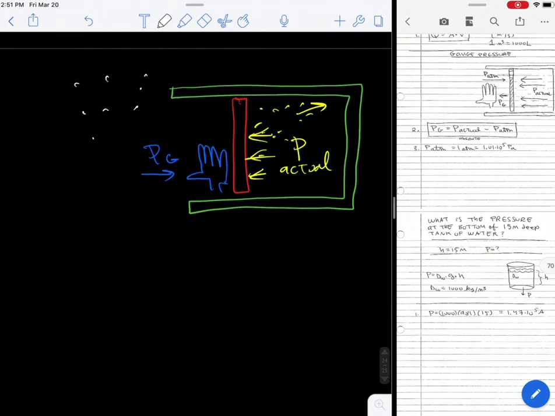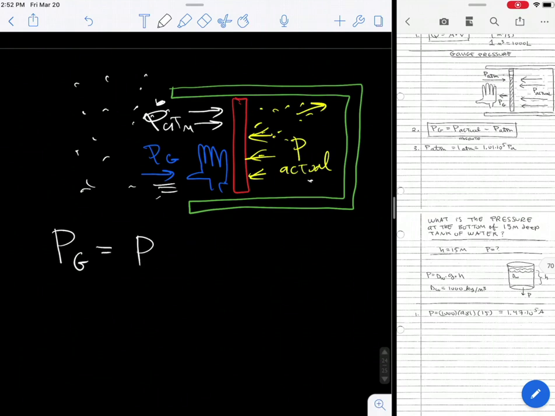There's also the air outside, and the air outside is also pressing inwards on the lid and helping you along. So this is the pressure from the atmosphere, which I'm calling P atmosphere. So the pressure that you feel depends on the pressure from the atmosphere and the actual pressure inside the gas. And so this pressure you feel, the gauge pressure, is going to equal the actual pressure of the gas inside the tank minus the pressure from the atmosphere.